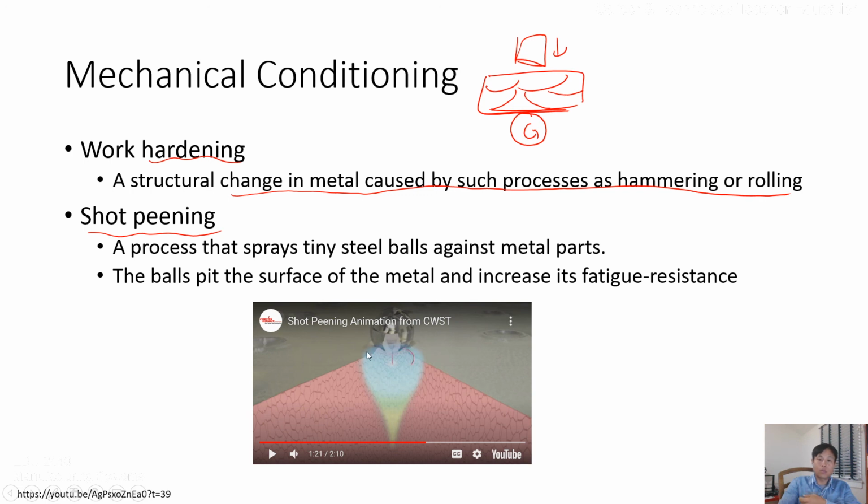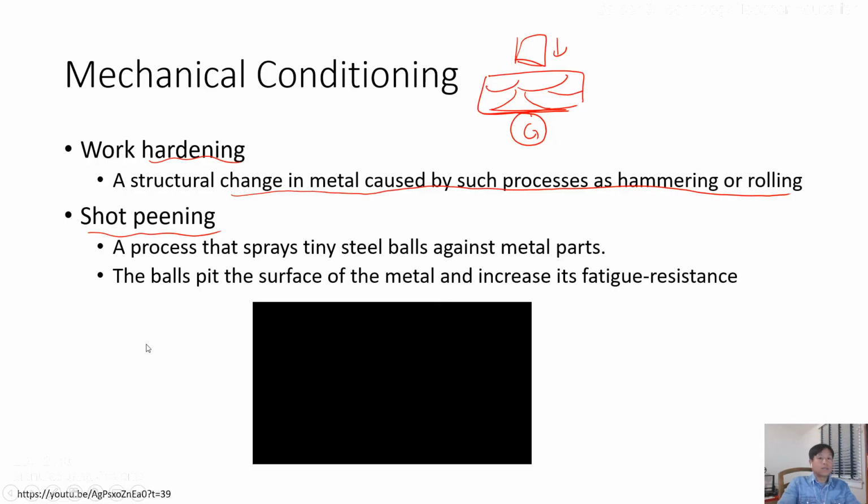It's a similar thing, where we put in another stress before getting the actual stress, which makes the material harder. So this is shot peening.